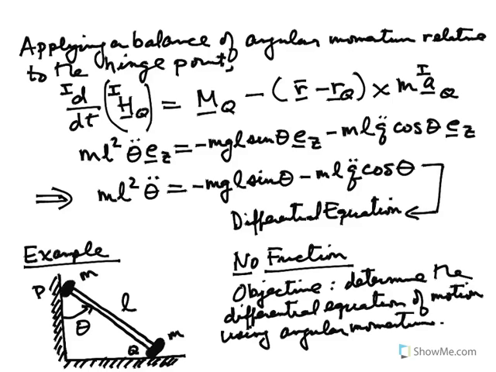First I want to define a point here, which I'm going to call point A. A lies at the intersection between the horizontal that goes through P and the vertical that goes through Q, and then I'll put gravity over here just to keep it in the problem. So we know that there's still gravity in the problem.